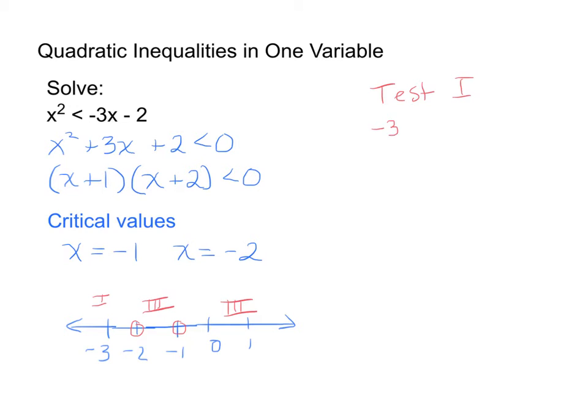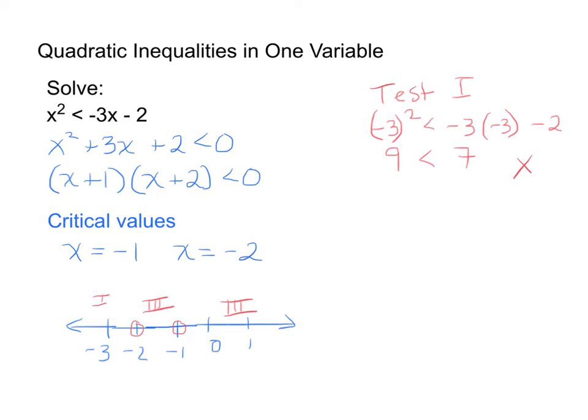Negative 3 squared is less than negative 3 times negative 3 minus 2. I get 9 on this side, and on the other side, 7. We have to decide is that true or false. False. Because it's false, it means the solution set is not in region 1.